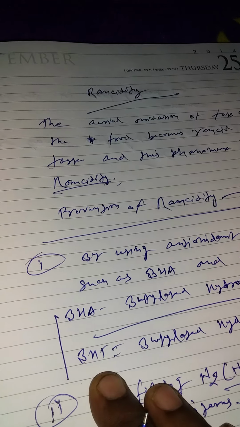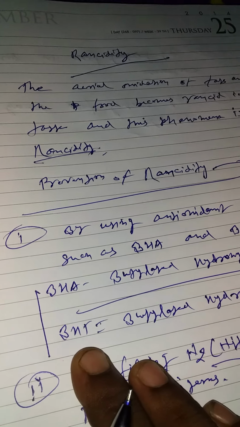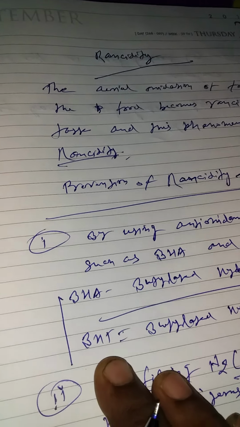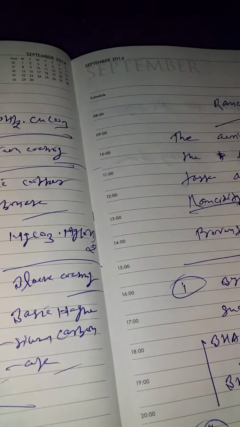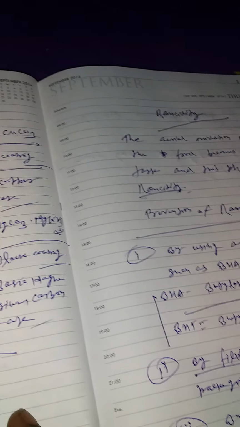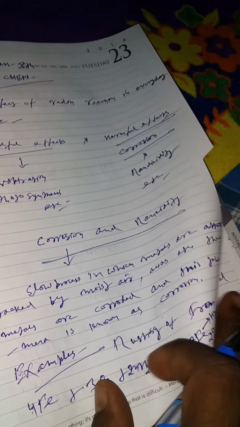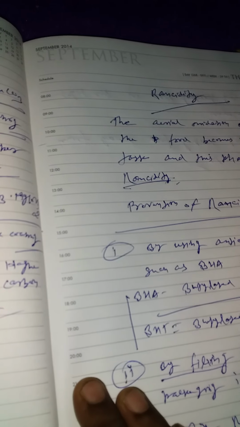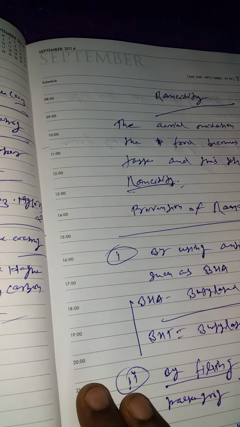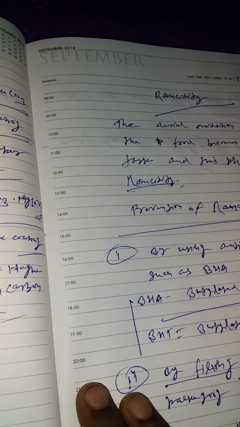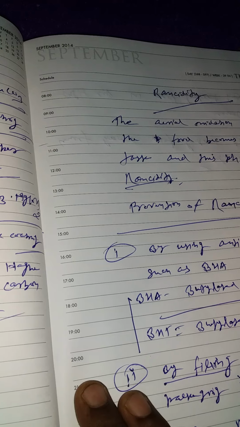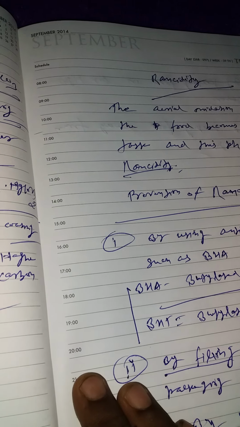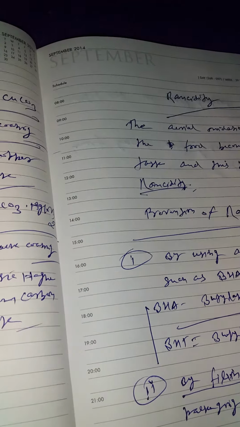So dear students, in the last topic there are two subtopics. One is corrosion and the other is rancidity, which we discussed. That's why the syllabus topics of this chapter 1 are finished.